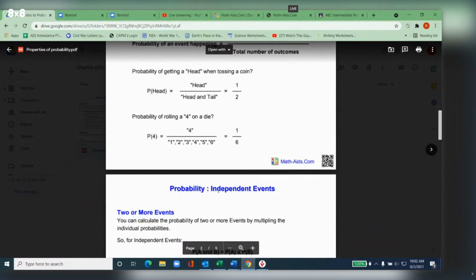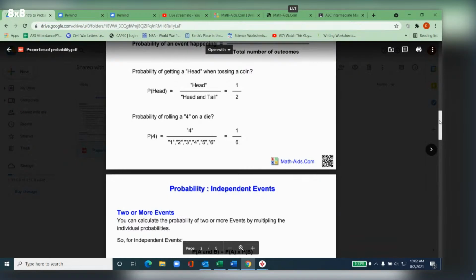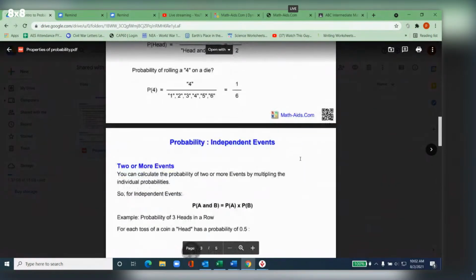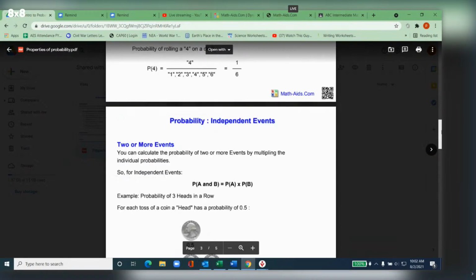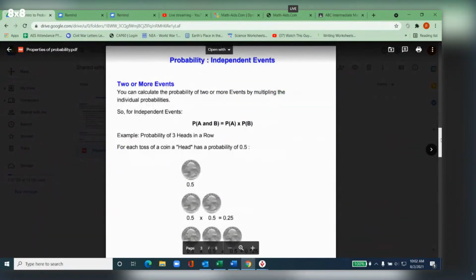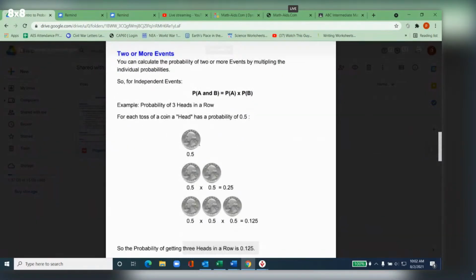And it says probability of independent events. You can calculate the probability of 2 or more events by multiplying the individual probabilities. So for independent events, the probability of 3 heads in a row, you'd look at 3 times in a row, it'd be 0.5 or a half, 1/2, 1/2.